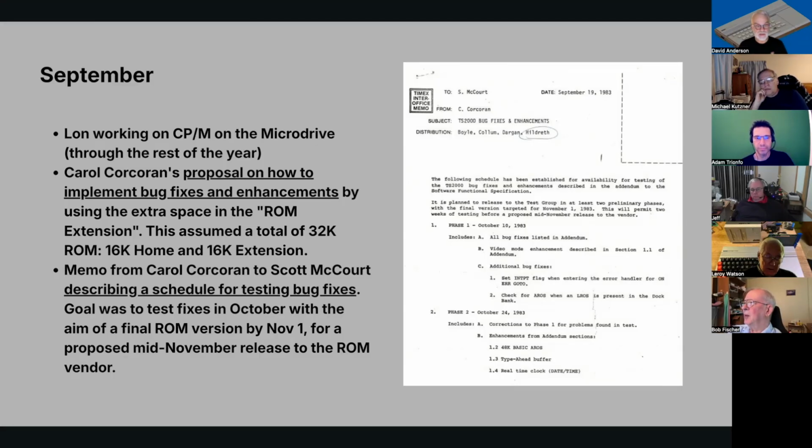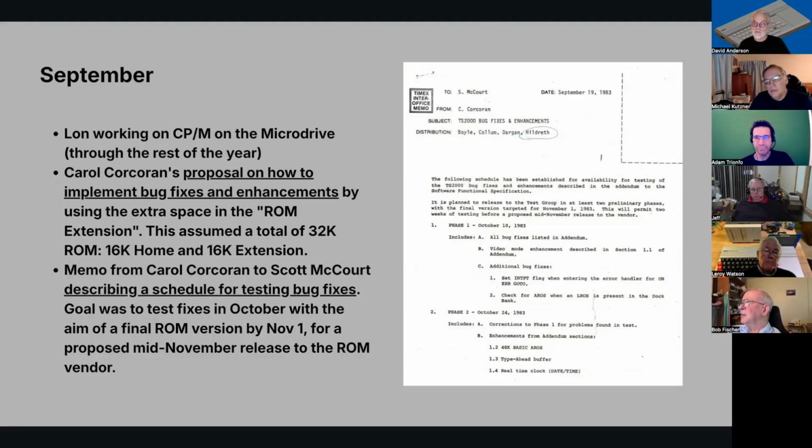One of the things, not from the very beginning, but at a certain point in time, we knew that the 2068 or the 2000 essentially was going to have 24K of ROM, and the Spectrum had 16K, so there's this extra 8K worth of ROM that they called the extension ROM.